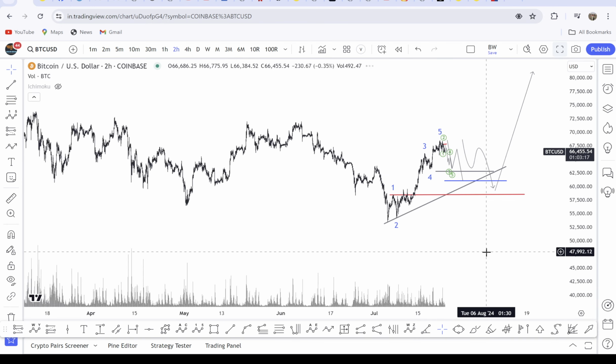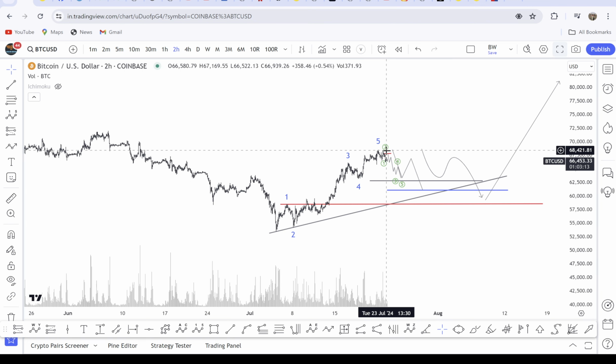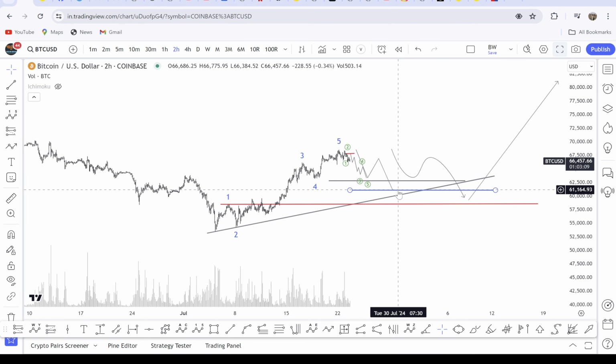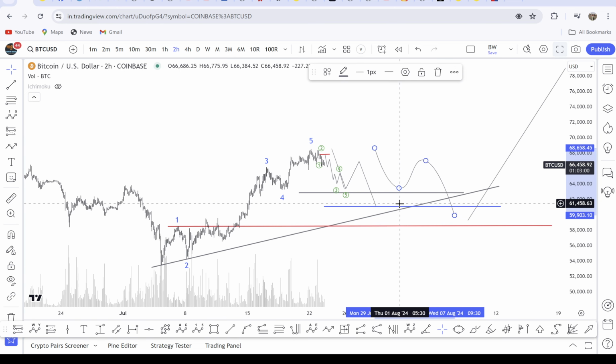So I am expecting around 1 to 2 months until the correction ends.